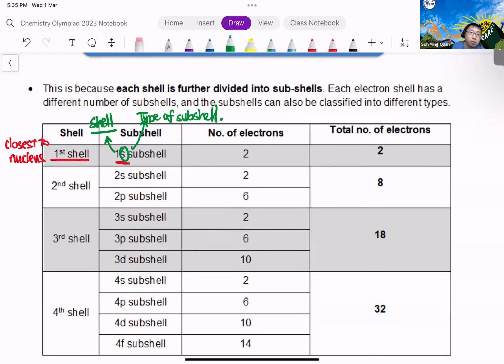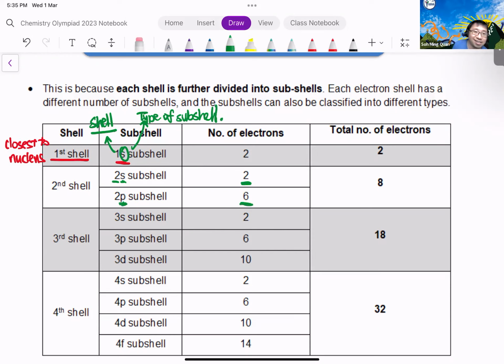The second shell is more interesting. The second shell has 2 subshells, 2s, 2p. So what does the 2 mean? The 2 means second shell. So 2s means the second shell's s subshell. All right. Now you realize s will always have only 2 electrons. But once you get to p, it's a different story.